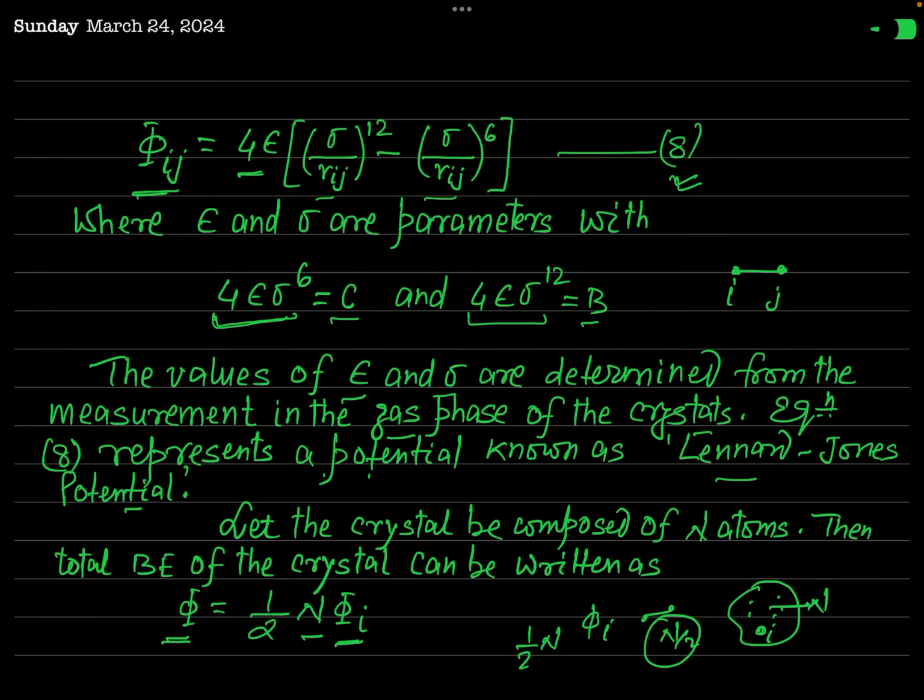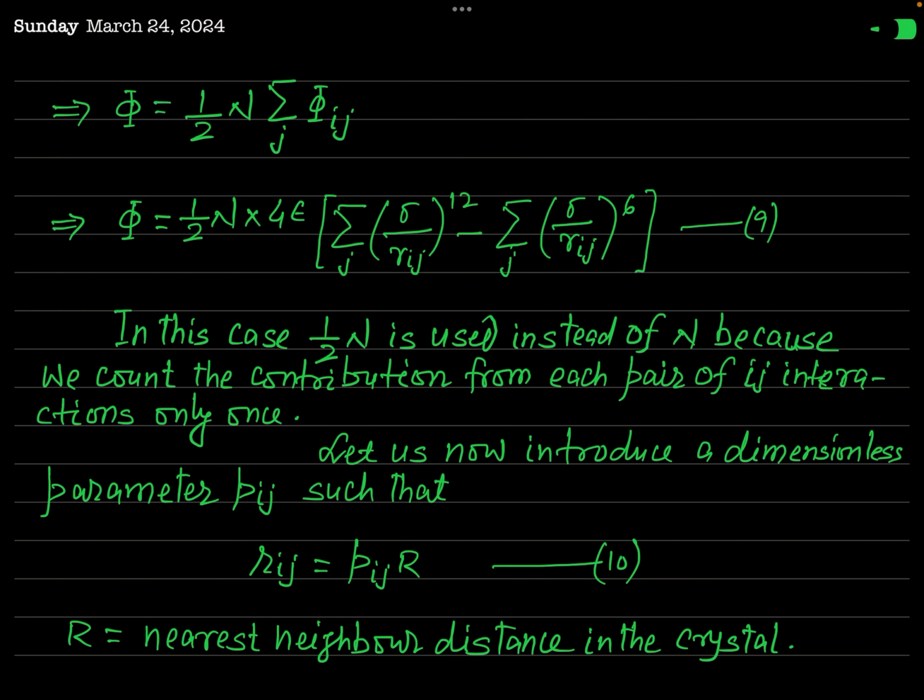And what is this phi i? You have seen earlier that phi i is simply equal to the summation over j of phi ij, where j is not equal to i. And what is this phi ij? You can see it in equation 8.